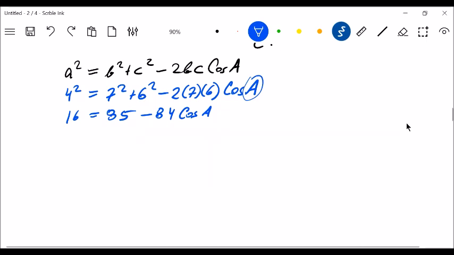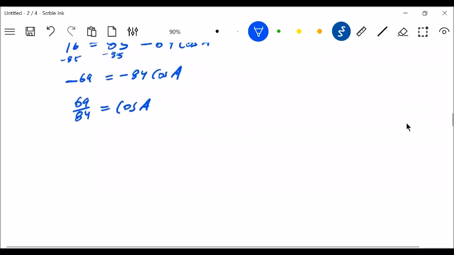Okay. But what I am going to do is subtract 85 from both sides. So I get a negative 69 equals negative 84 cosine A. Divide both sides by that negative 84, and I get 69 over 84 equals cosine A. I do not need to try to reduce that fraction, even if it could be, it might be.